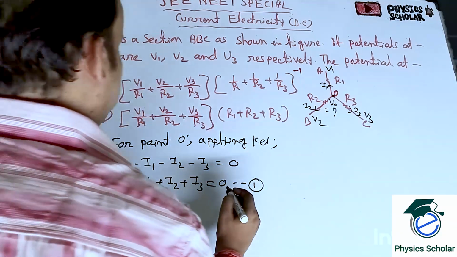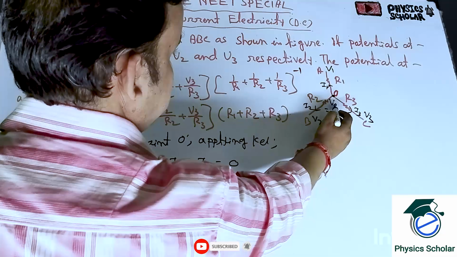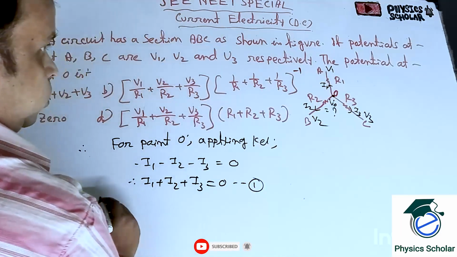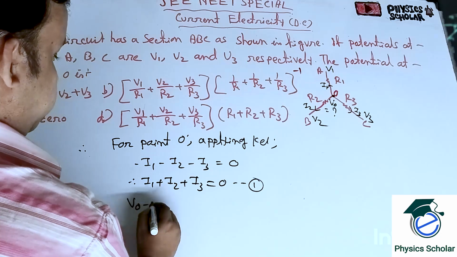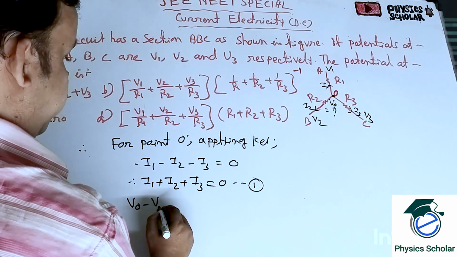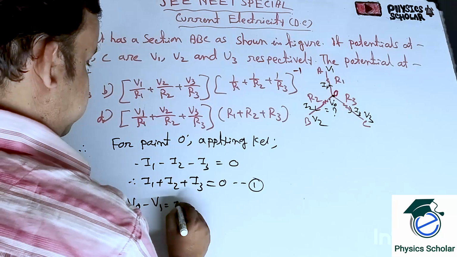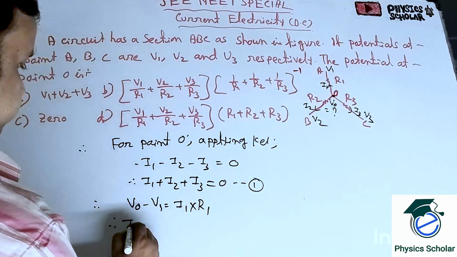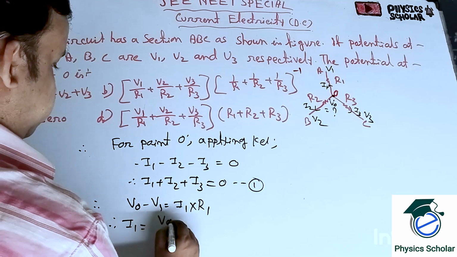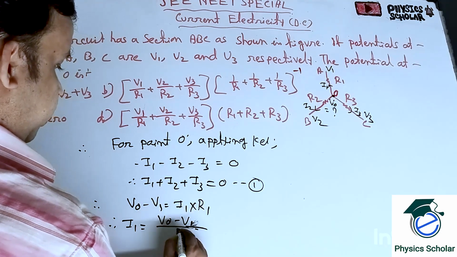Now the potential of O is VO. For OA, VO minus V1 is equal to I1 into R1. That means I1 is equal to VO minus V1 by R1.